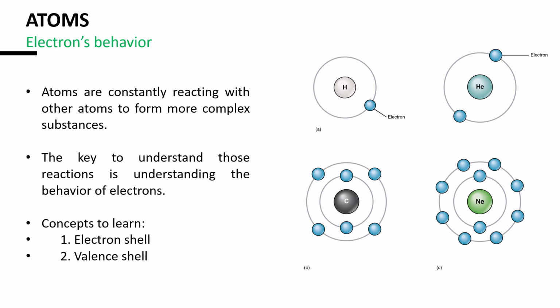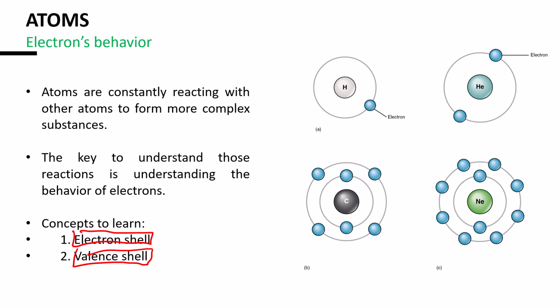There are two major concepts that we need to understand to see how these electrons behave and how atoms interact with others. First, we need to know the concept electron shell and also valence shell. Now, remember that atoms will have different amounts of electrons, and most of the time, we said, the amount of electrons will equal the amount of protons of an atom.